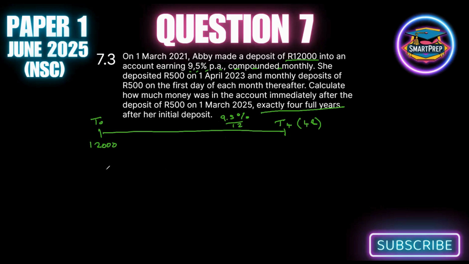Okay, now let's take that up in green. So A equals P(1 + i)^n, because it's the future value of this 12,000. And that's going to be 12,000 times (1 + 0.095/12) to the power of 48, 12 times 4, 48 months.